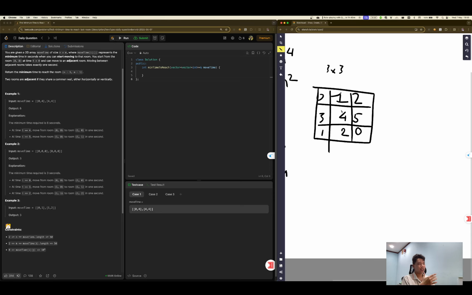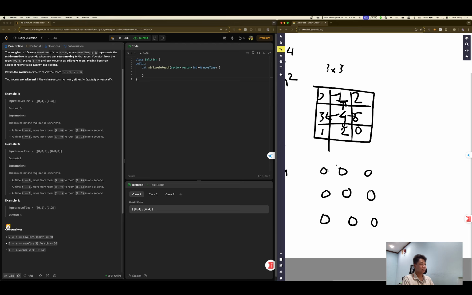Why? Each room is a vertex, and in each room we can move in the four directions, right? So each move can be represented by an edge. We can convert this matrix into a graph like this. It is bidirectional, because from A you can move to B and B can also move to A, right?